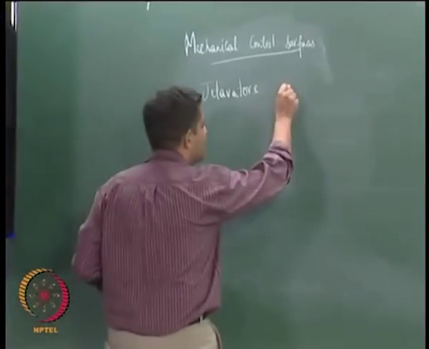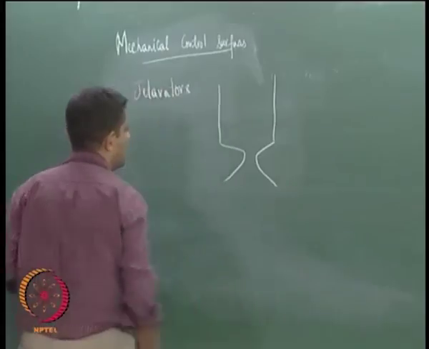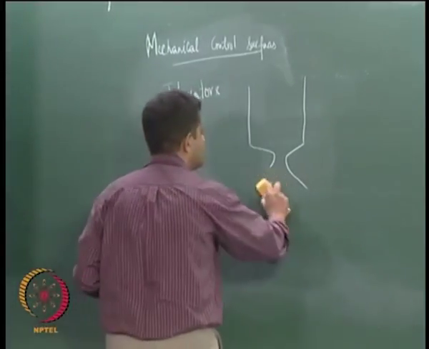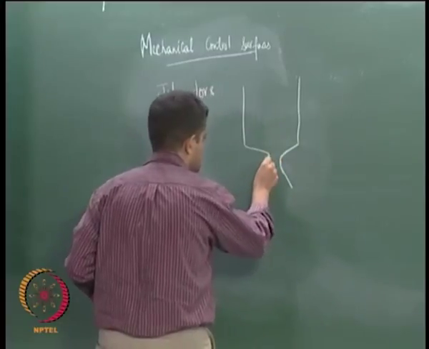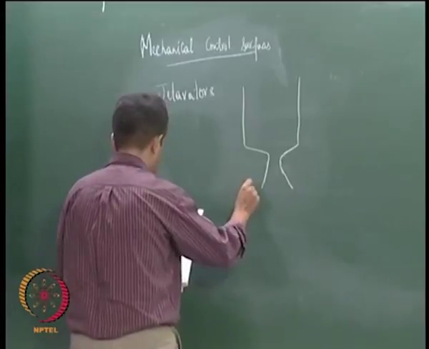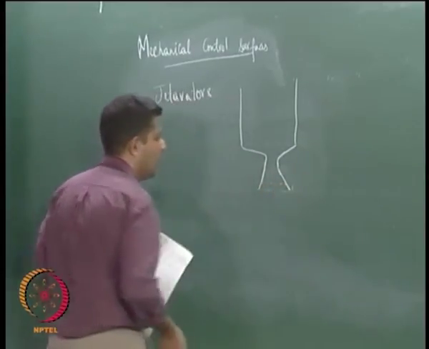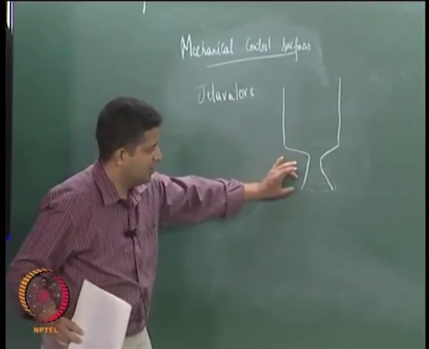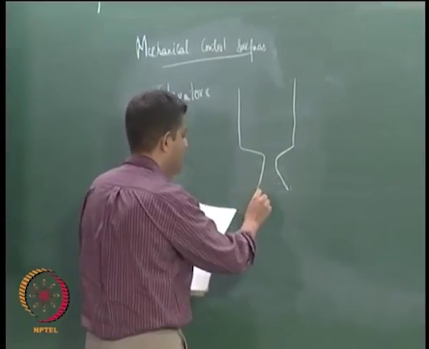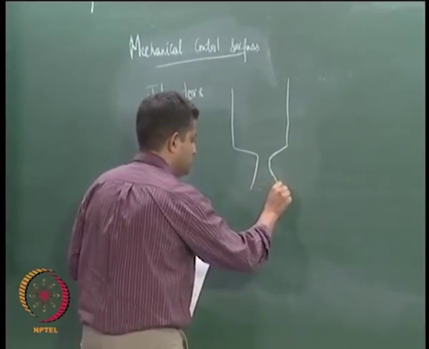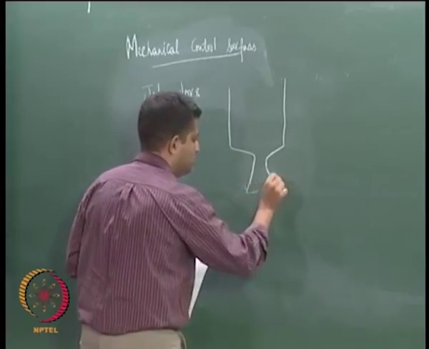Jetavators are something like this. If you have a rocket motor, at its normal position, it is something like this, and if you want to have a side force, you could change its position to something like this.